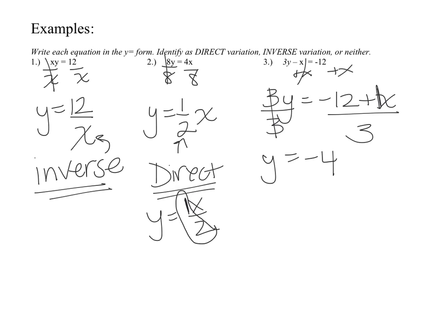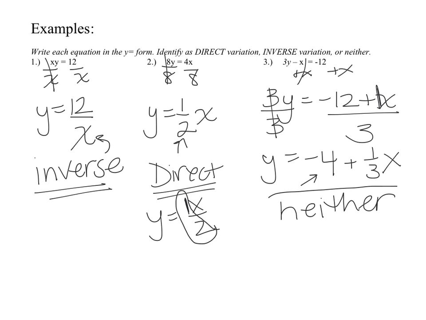Remember, there's a 1 here, so it's plus 1/3 x. So this one is neither. And it's neither because it's a linear equation that has a y-intercept of negative 4. So just remember, that's in the form y equals mx plus b, and b is not the origin. So direct variation has to go through the origin.